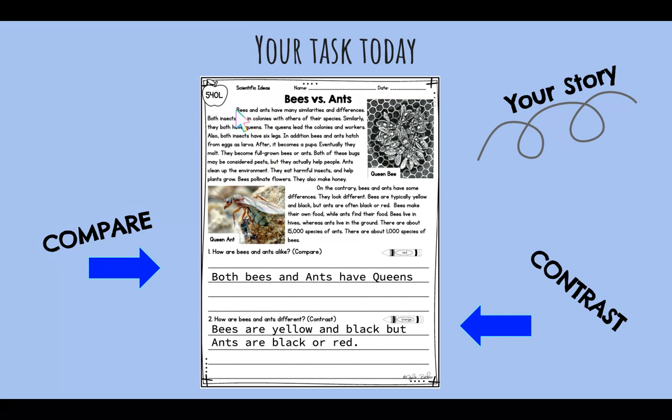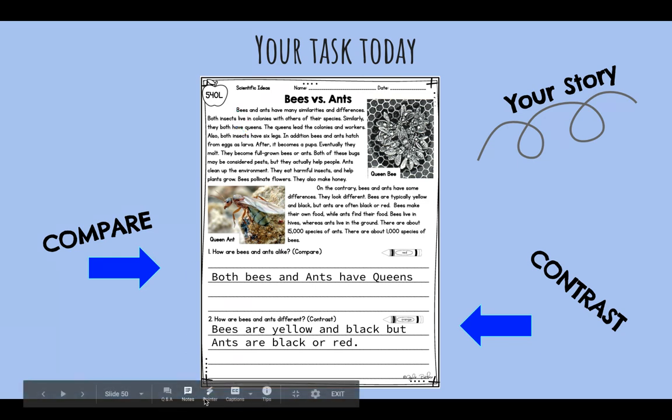They look different. Bees are typically yellow and black, but ants are often black or red. Bees make their own food, while ants find their food. Bees live in hives, whereas ants live in the ground. There are about 15,000 species of ants. There are about 1,000 species of bees.